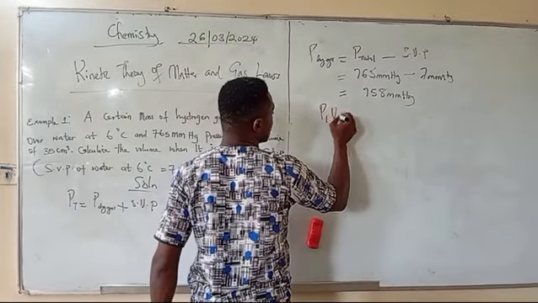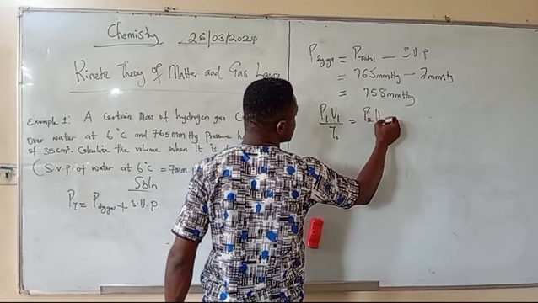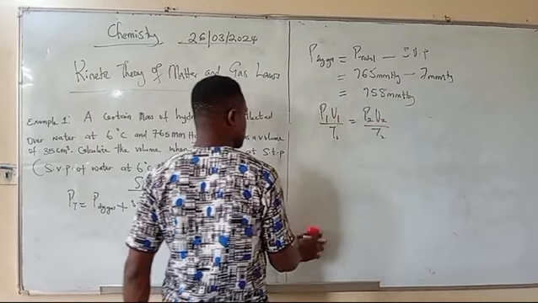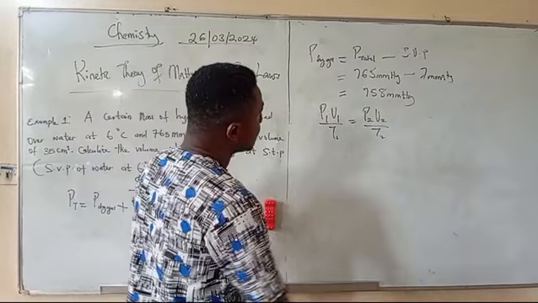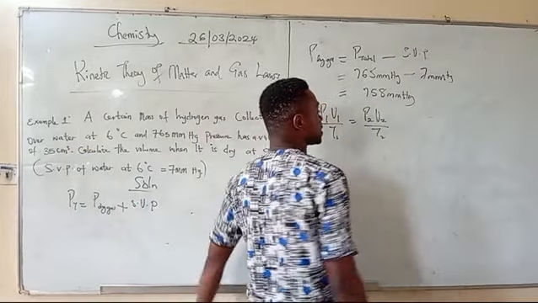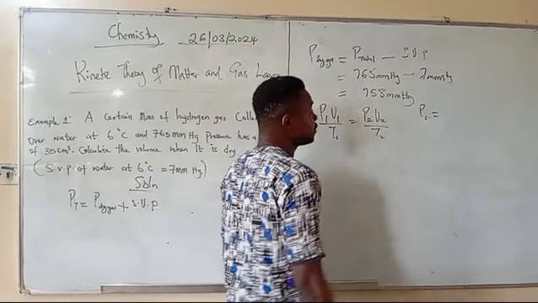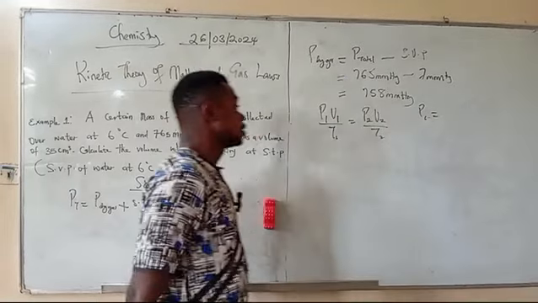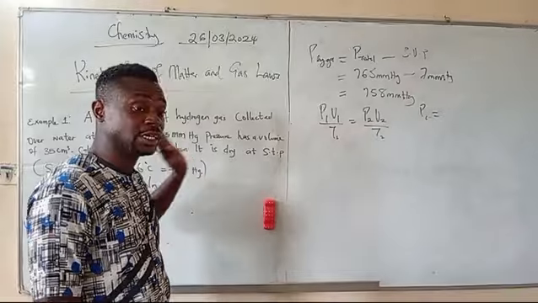If you want the first set to be STP, no problem, but it becomes an issue if you interchange them. That's one of the issues.